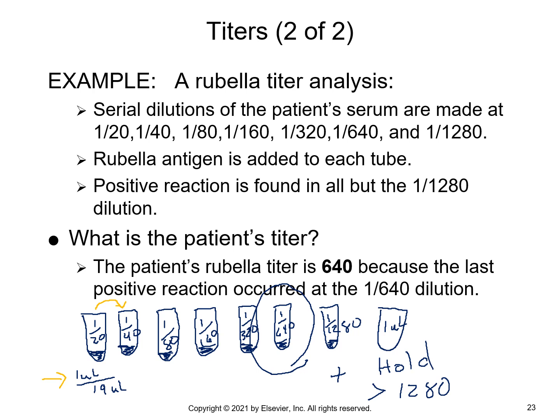A positive reaction was found in all of these tubes, but this last tube, you actually got a negative reaction. So that means your last reactivity was here at the 640. And so we would report this titer out for this patient as 640 because that's the last reaction.